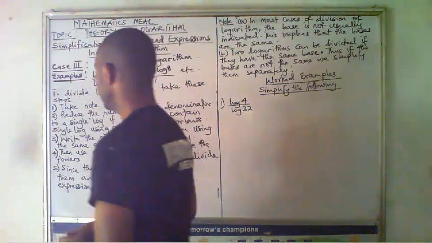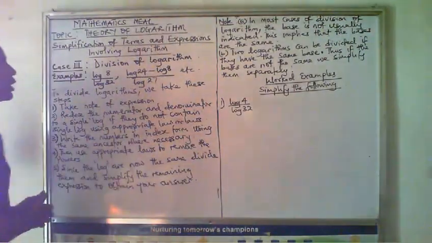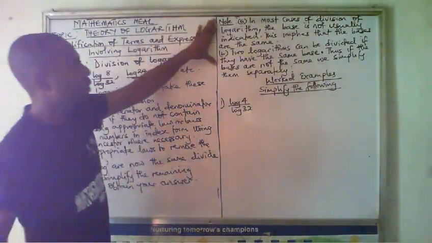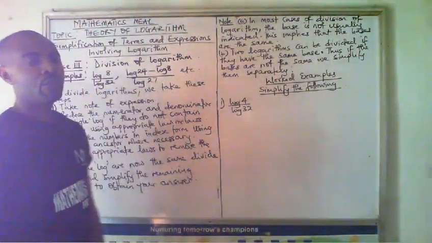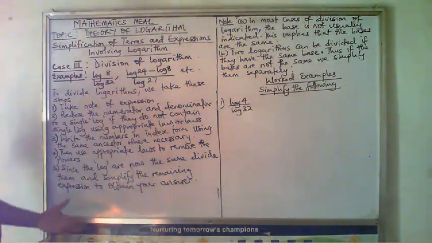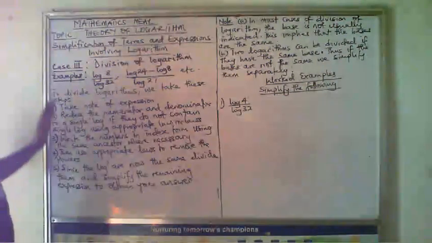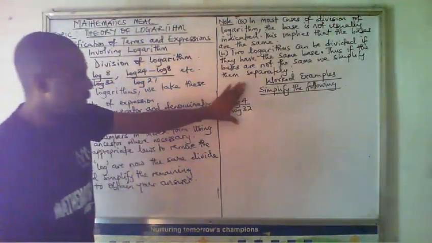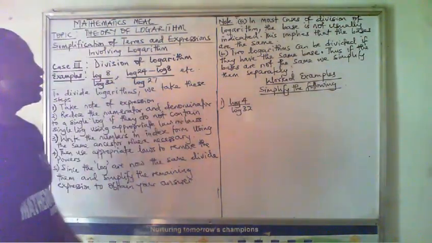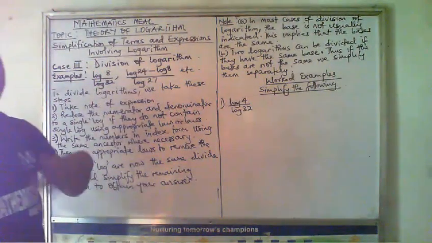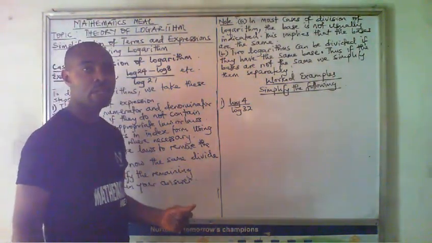We have about 5 steps that we need to take. Then there are other important notes that we need to consider as we solve this problem. So we're going to apply these steps in solving this particular problem on division, and we apply them also in solving subsequent problems on division of logarithm.